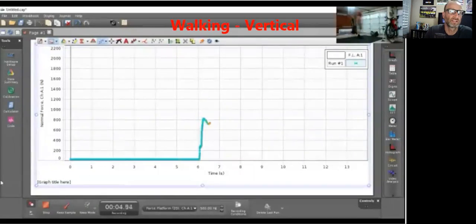So a very distinct force. The other thing about walking is there's a period of double support where there's two feet in contact with the ground initially and at the end of that stance. The other foot, I don't have that on this video, but I can put the other force platform down and we would see an overlap of those two forces, one under one foot and one under the other.